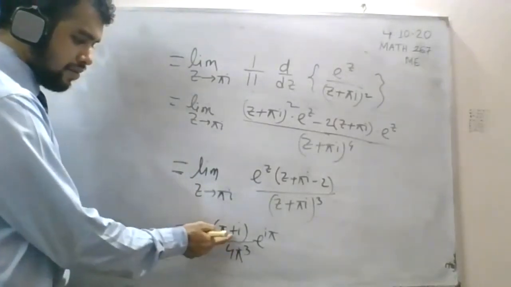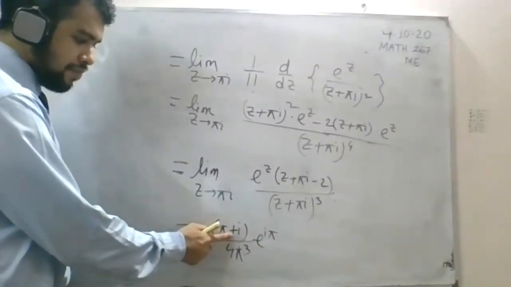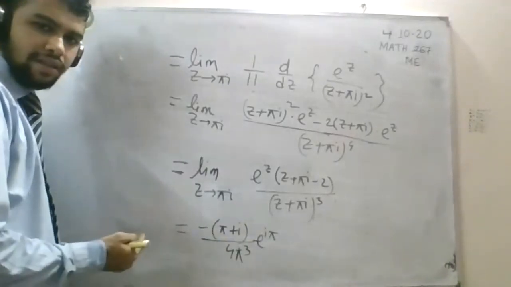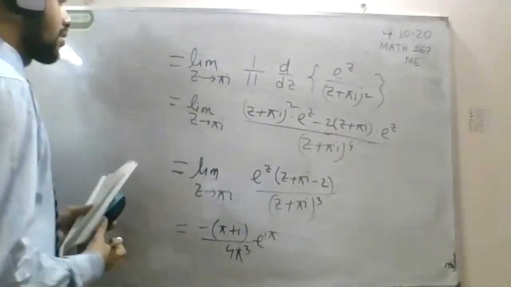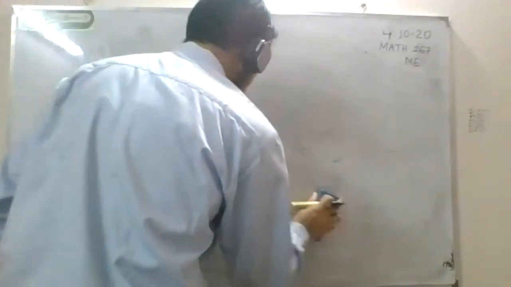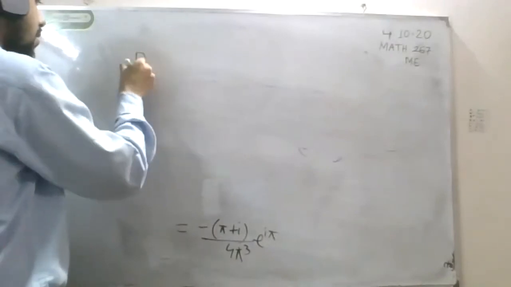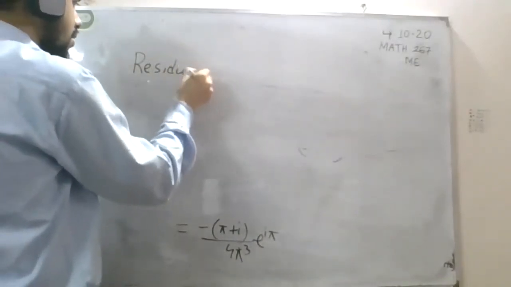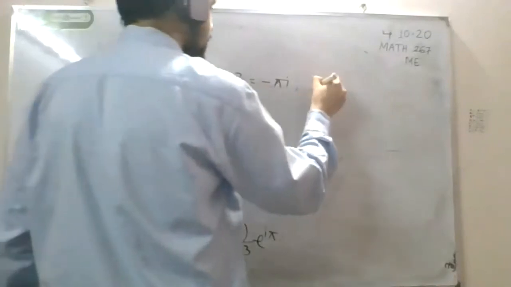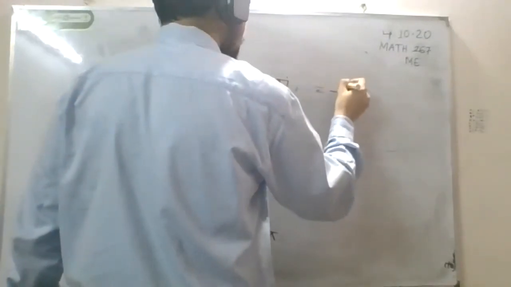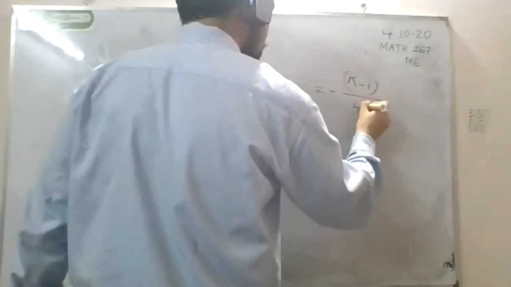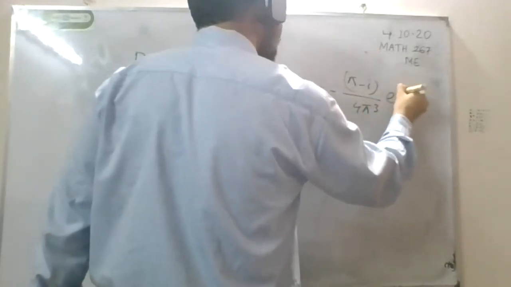So that will be replaced by minus, and this will be minus I. The signs before the I's change, like the conjugate of a complex number. So here the residue at z equals minus pi I will be minus pi minus I over 4 pi cube into e to the power minus pi I.